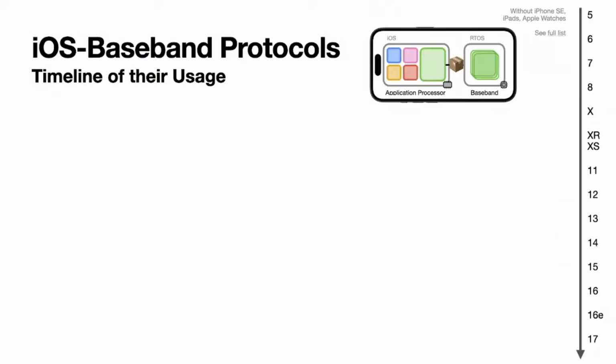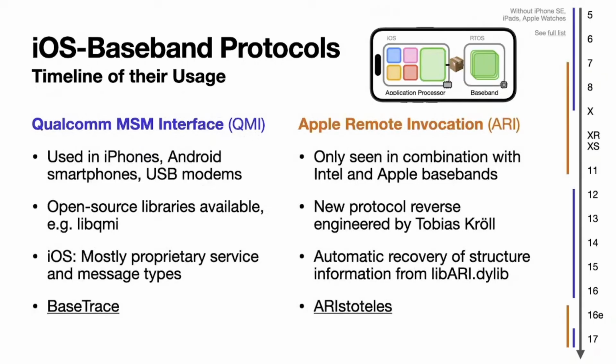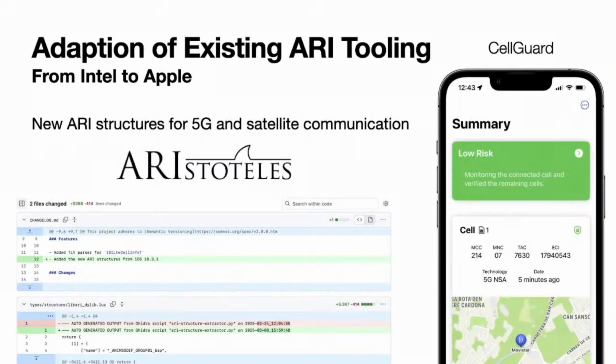If you look at the right side, you can see this kind of timeline. With the reappearance of the Apple protocol, it happens with the introduction of the C1 baseband in the iPhone 16e. And now in the iPhone 17, we got a dual solution because Qualcomm basebands can deliver some more features, which we'll dive into later on.